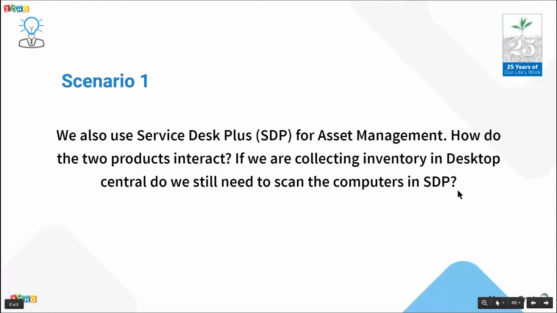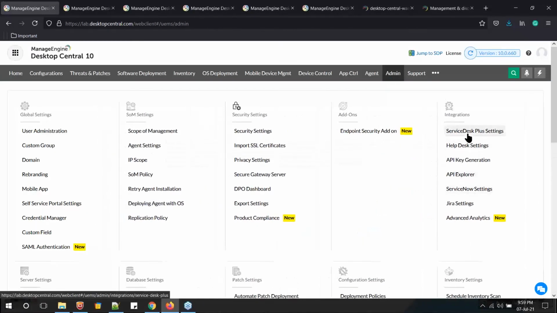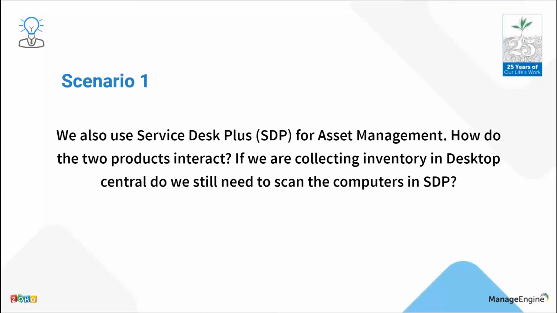Since Desktop Central already scans your computers, you can just integrate your Desktop Central with Service Desk under the admin Service Desk integration settings. If you integrate it, the Desktop Central agent will act as a backend and update all the collected inventory data to the Service Desk Plus server automatically. So you don't have to run a scan separately on Service Desk Plus.